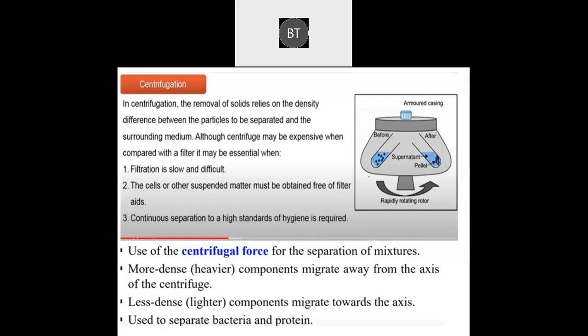This point you have to remember: whenever you're doing centrifugation, how it is getting separated is because of the difference between the density of the particles present in your samples. Thus, centrifugation is mostly used for separation of solid particles from the liquid phase.